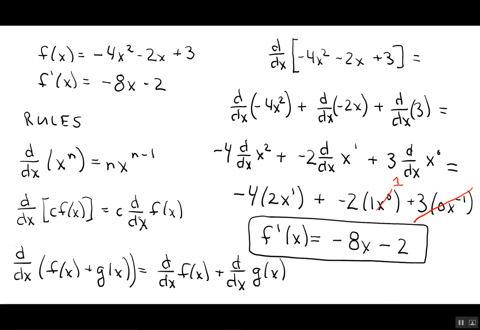Those are the power rule, the constant multiple rule, and the sum rule. So when we applied those rules to our example function, minus 4x squared minus 2x plus 3, we found the derivative of that function to be minus 8x minus 2, which was exactly what we found when we evaluated the limit definition of the derivative for this function.